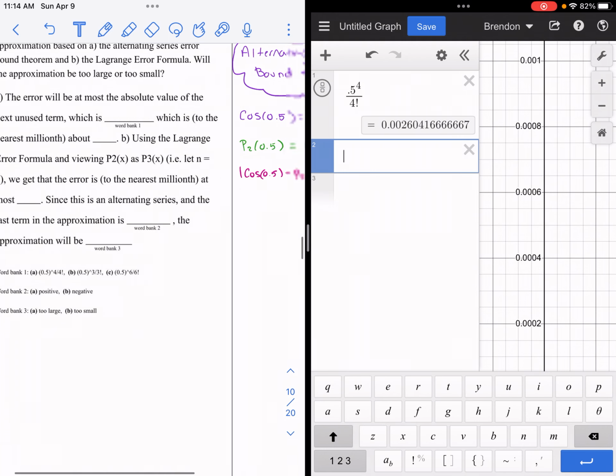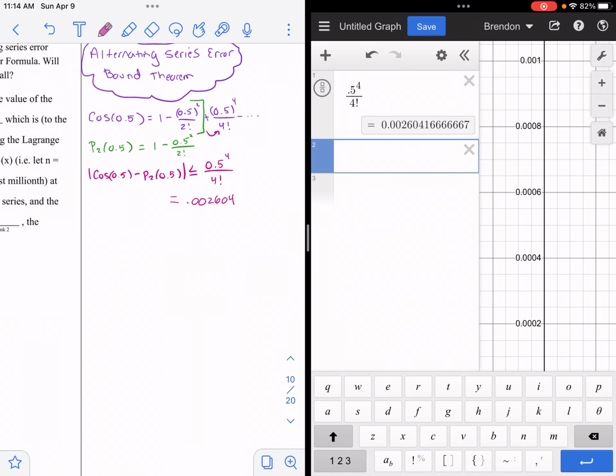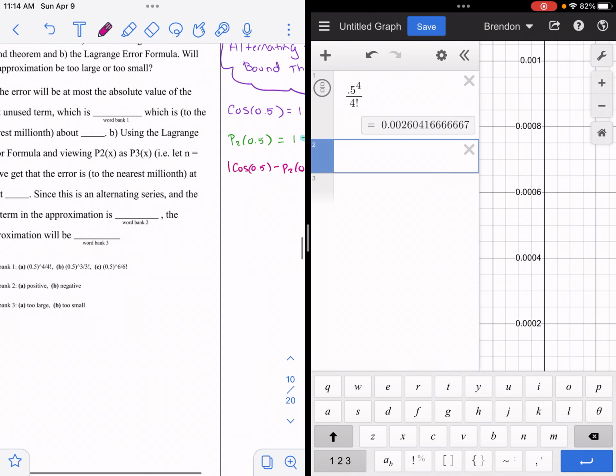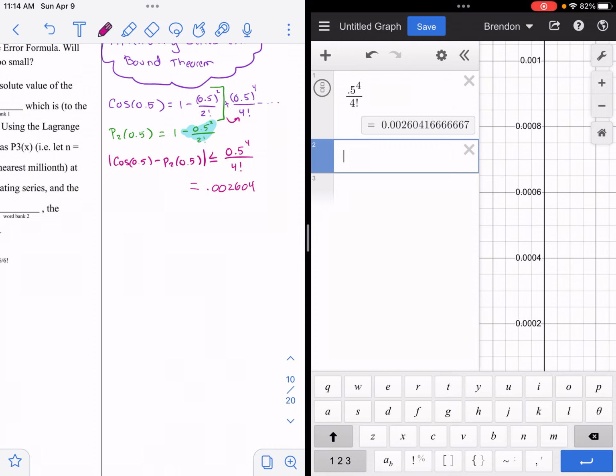Okay. Also, I think this is implied in the question, or asked, in the alternating series, the last term is positive, right? The last term we used here was negative, right? The last term being this. So that must mean we're a little below the true value, like we're at the left side of the limit. So the last term in the approximation is negative, the negative 0.5 squared over 2 factorial.